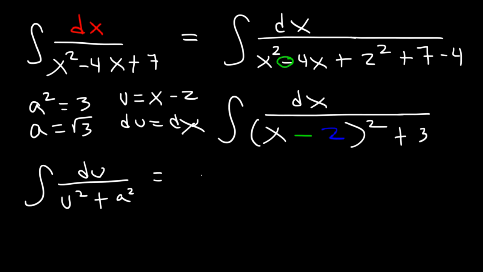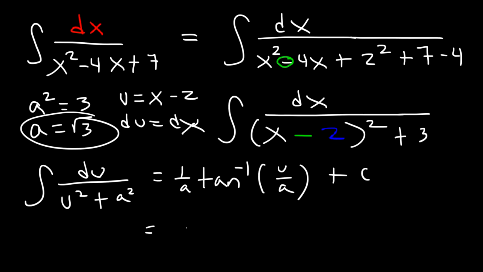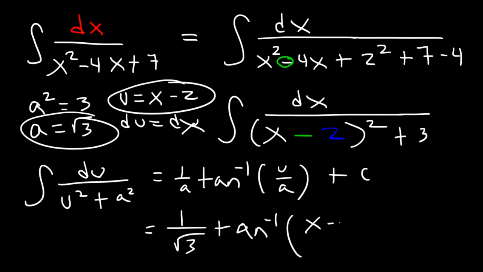And this is equal to 1 over a arctan u over a plus c. A is root 3, so it's 1 over root 3 arctan, and then u is x minus 2. So x minus 2 divided by root 3 plus c. And this is the solution.